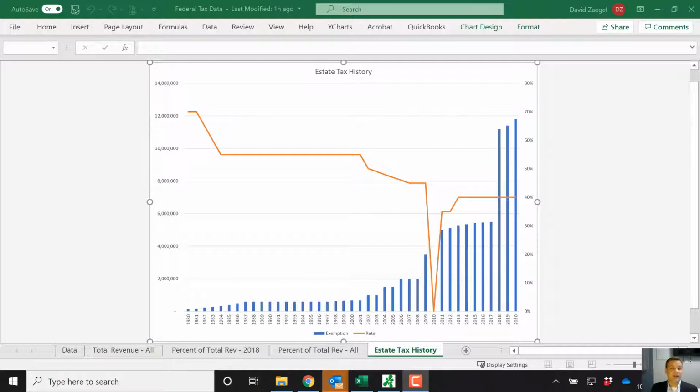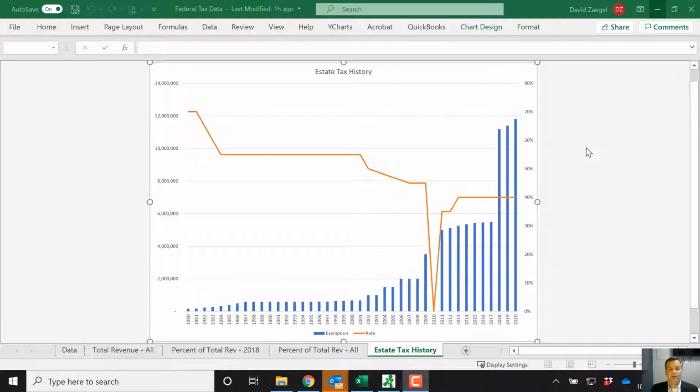That has changed a lot over the past few decades. And this chart that we have here shows the history of the estate taxes going back the past 40 years. The line in orange is the estate tax rate, and the blue bars represent what the exemption amount is or was.